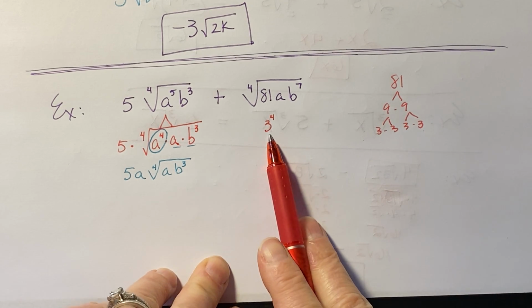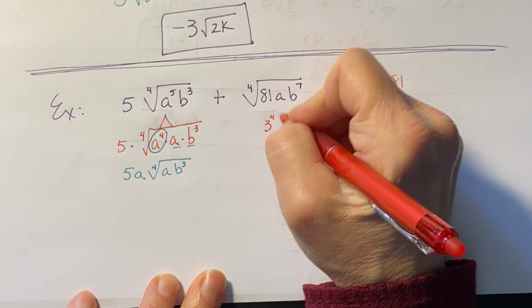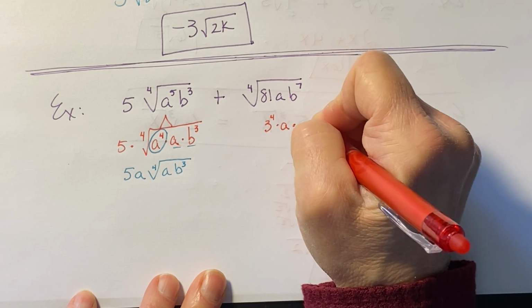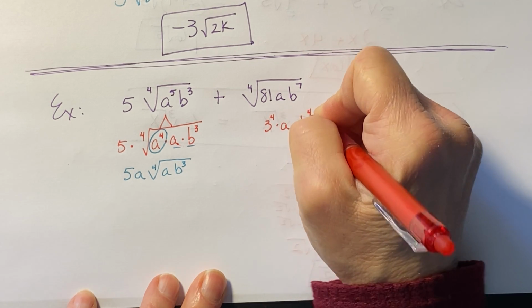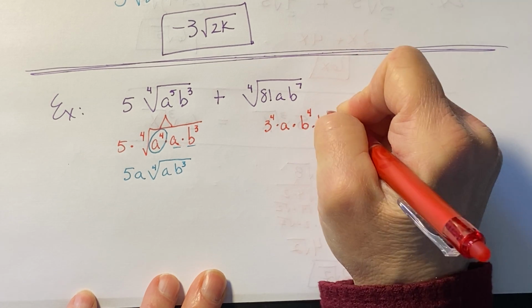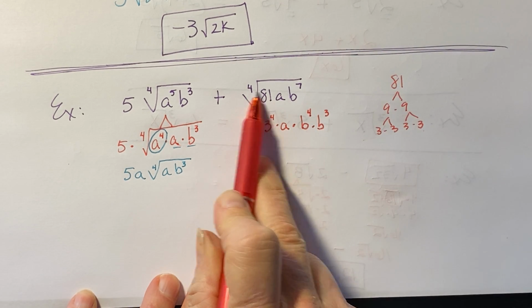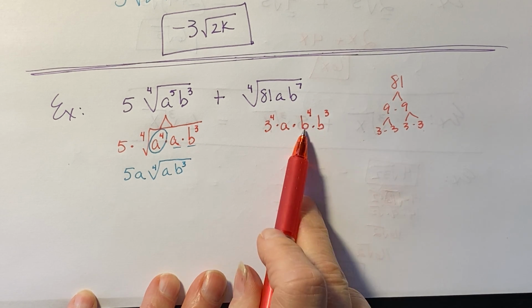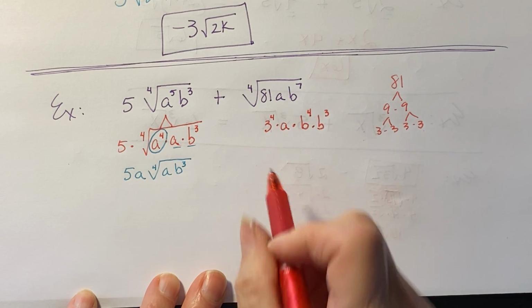So 3 to the 4th power, it's a perfect 4th power. The single a, nothing I can do with that, but the b, I'm going to write that as b to the 4th times b cubed. Because it's a 4th root, I want to go down to the first multiple of 4, which is just a 4. So I have to write this as b to the 4th times b cubed.